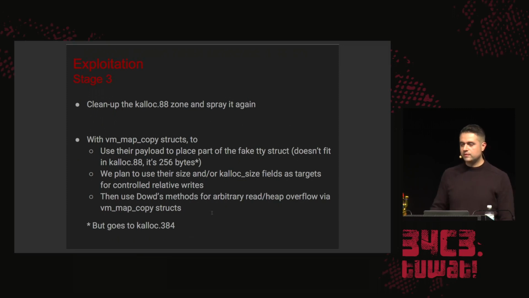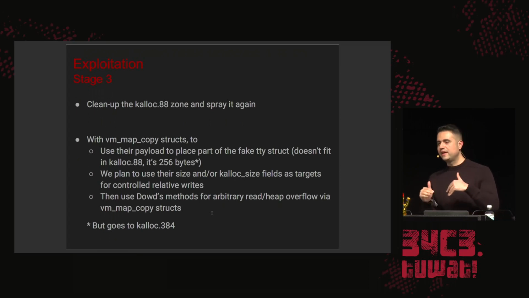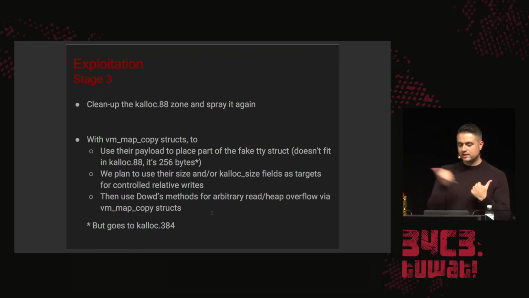So the next step was to clean up the calloc88 zone and spray it again. And again, I sprayed with VMAP copy structs. But at this time, at the payload, I can now put the fake TTY struct that the PTMX IOCTL struct is pointing to.